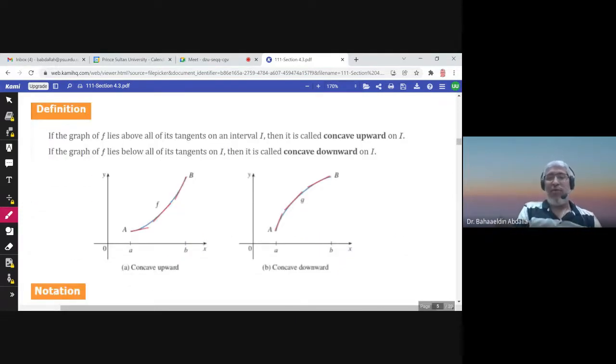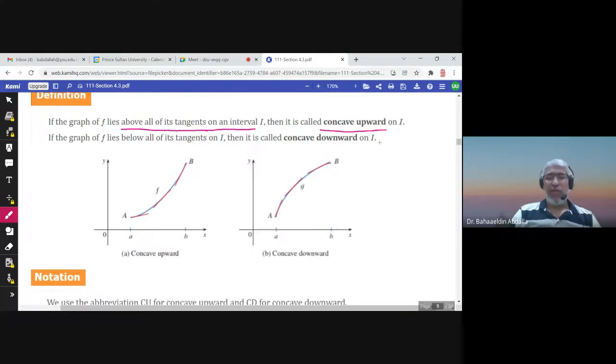Now let us talk about concavity. If the graph of f lies above all of its tangents on an interval, then it is called concave up on that interval. So consider this graph. This is the graph, the blue one.